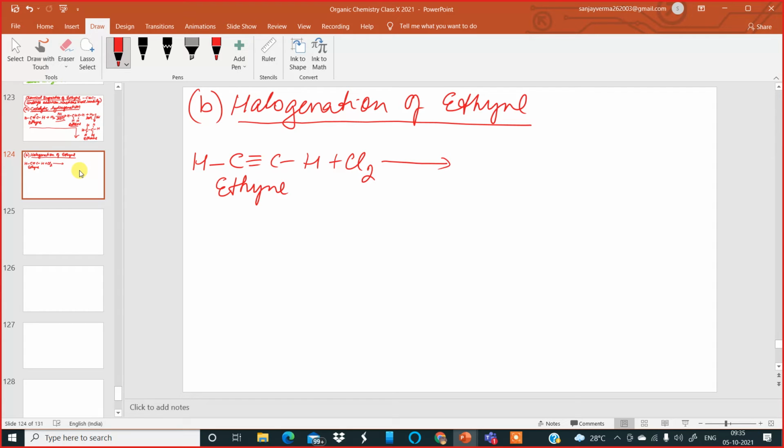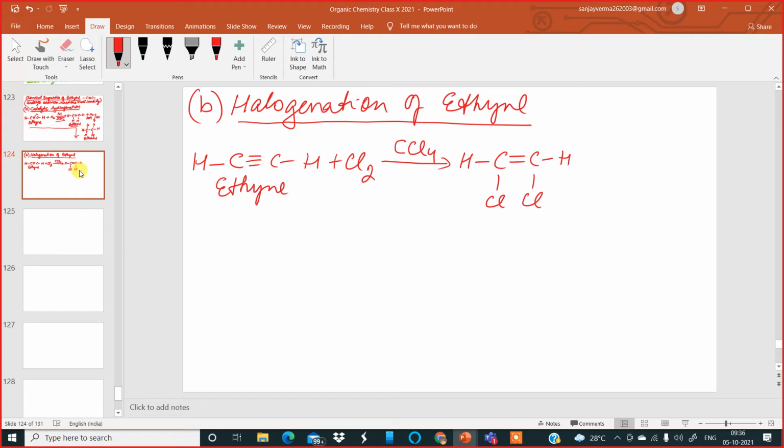That means the ethyne has to be dissolved, put into an inert solvent like carbon tetrachloride. Here there will be breaking of the triple bond into a double bond and addition of two chlorine atoms, one to each of the carbon atoms. So here the triple bond becomes a double bond, like this. One chlorine to the first carbon, another chlorine to the other carbon.